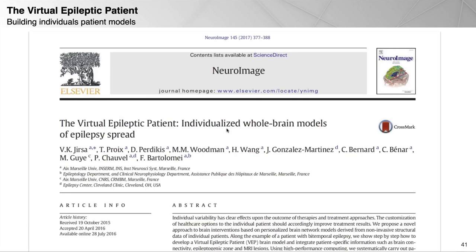In these papers, they use a specific patient. It is a female of 30 years old from the clinic in Marseille, and she has a bitemporal lobe epilepsy.